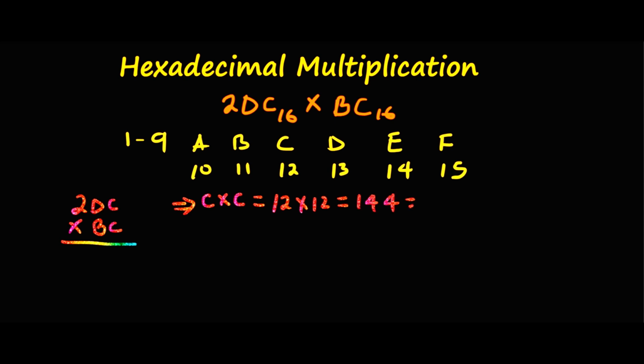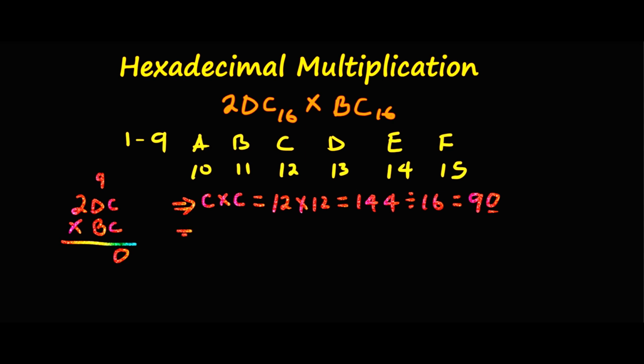You divide that by the base, and you find that 16 goes into 144 9 times, and there's a remainder of 0. So you write the 0 and carry 9.